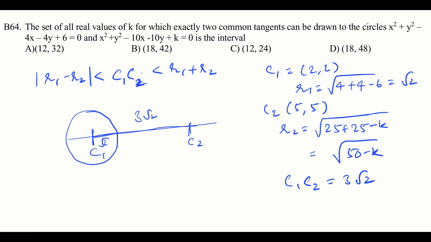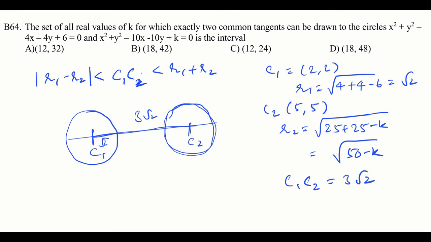Now, if this radius R2 is less than root 2, then I will have the circle somewhere here, and you can see that they do not intersect. Therefore, it is not possible to have exactly two common tangents.